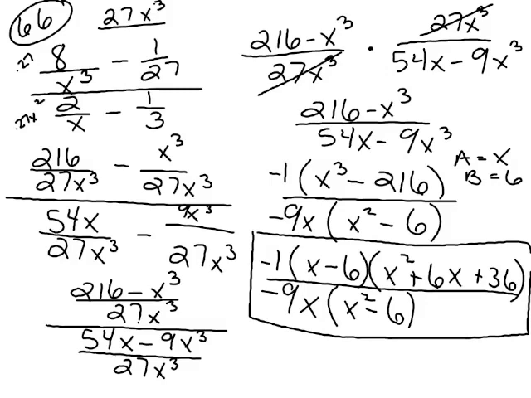That needs to be a 27x squared. So that's 54x squared, 54x squared. Okay, so is that going to change this?